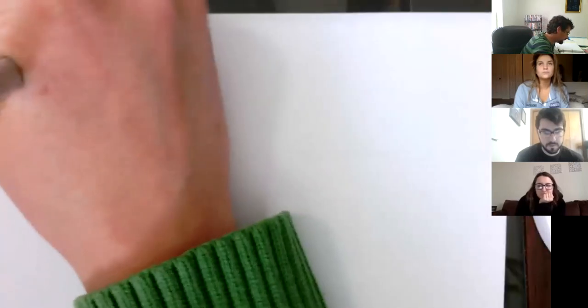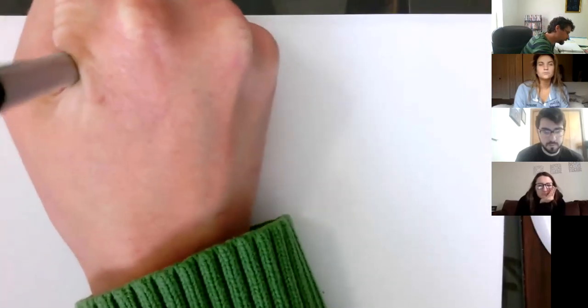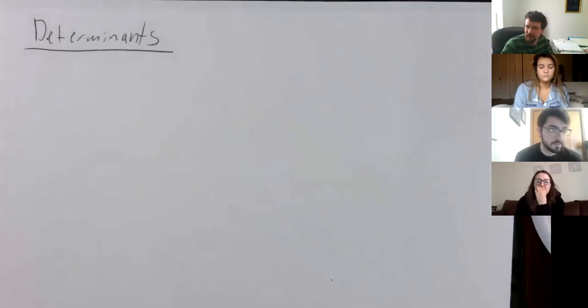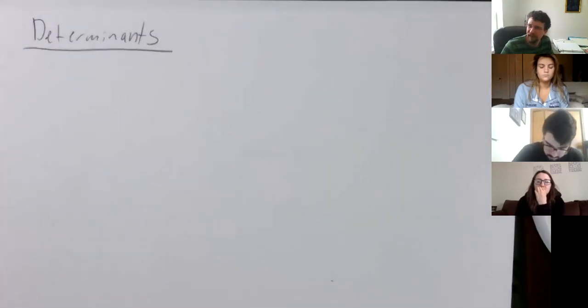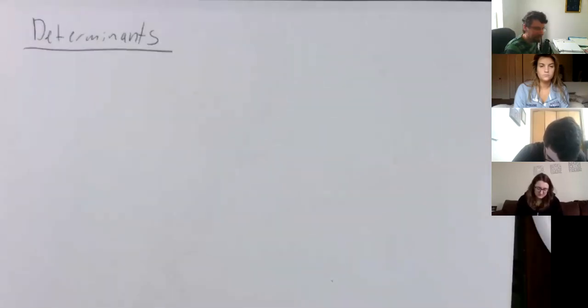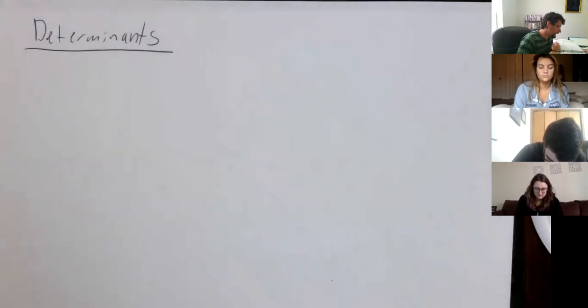So have you guys ever heard the term determinant? Yes. Yeah, I think a couple of times. You see them in linear algebra. You sometimes talk about them maybe a little bit in Calc 3, maybe a bit in differential equations.